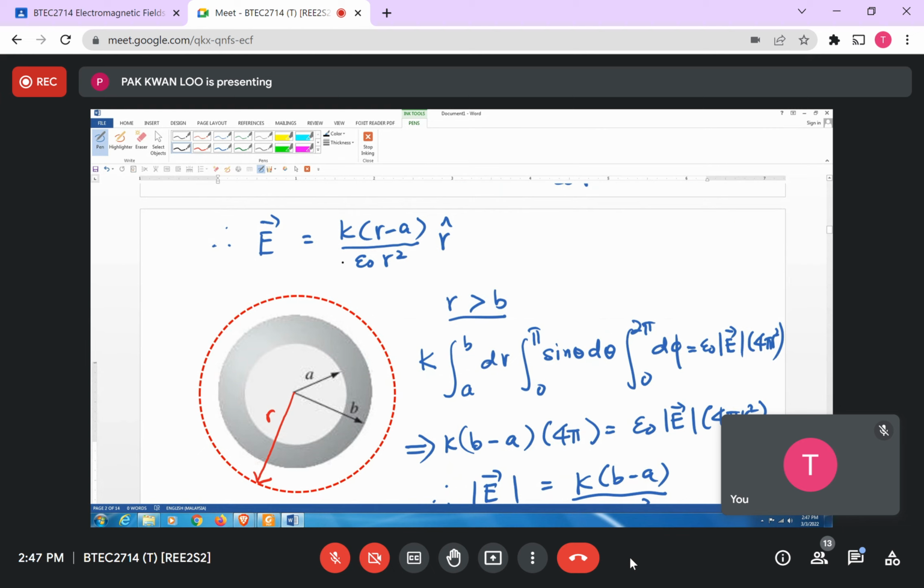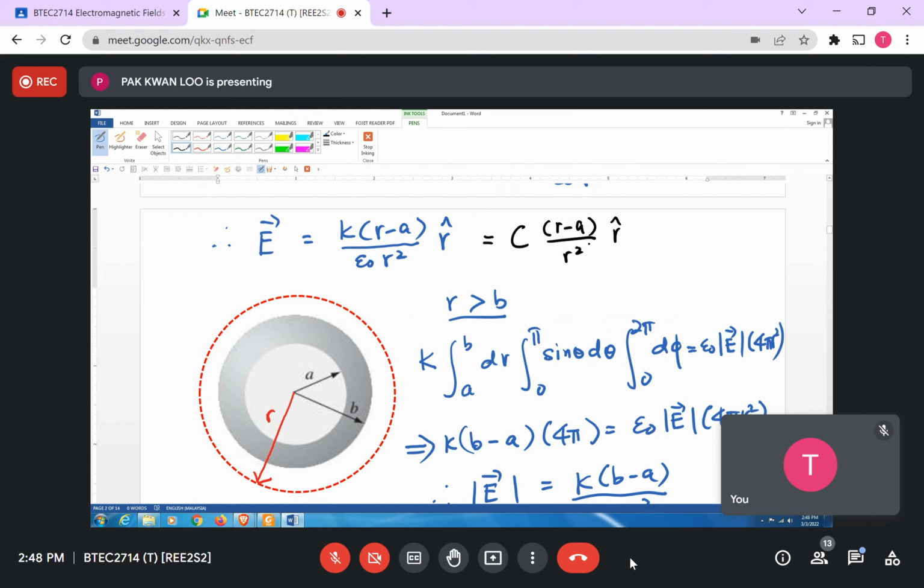So the curve here is r minus a divided by r squared. You can see the proportionality constant K over epsilon naught as a constant, let's say c. So the variation is r minus a, a linear term, over a parabolic term.